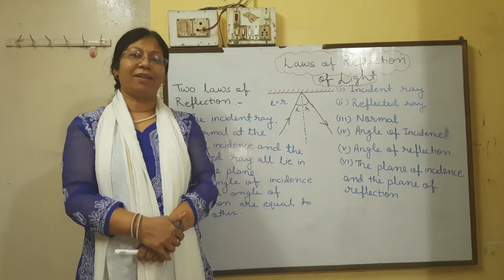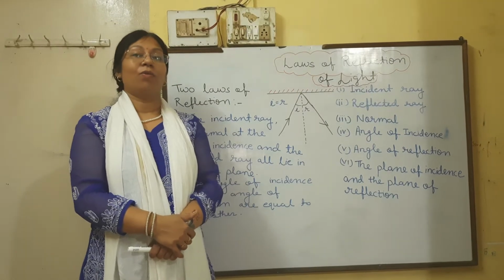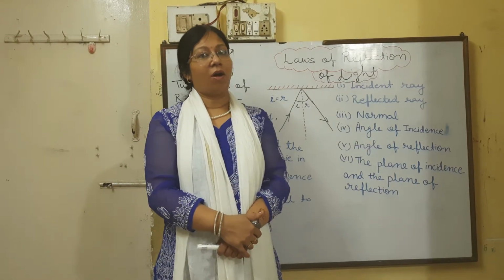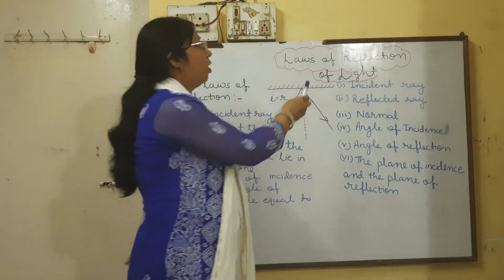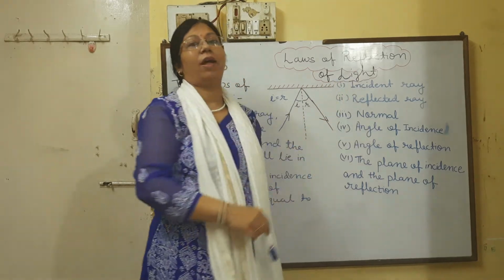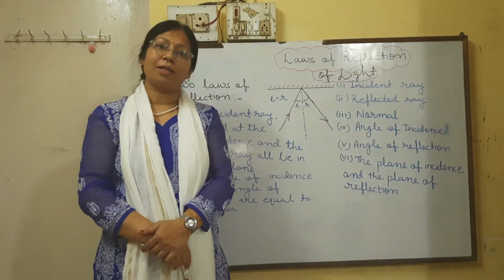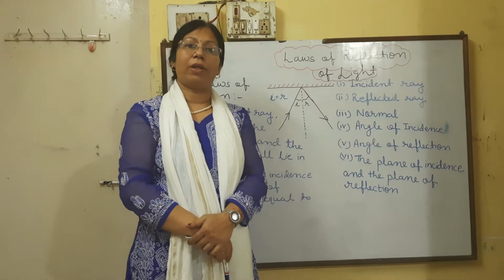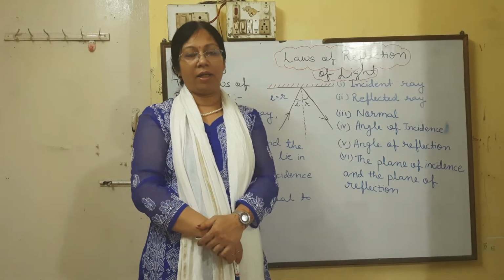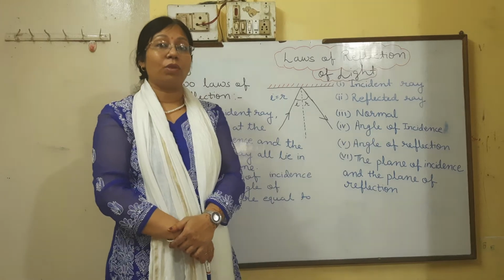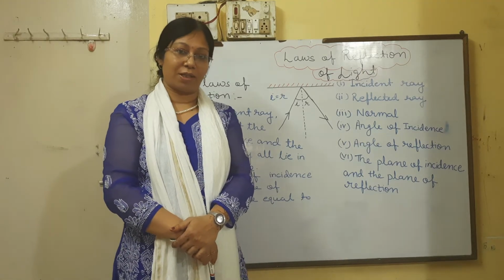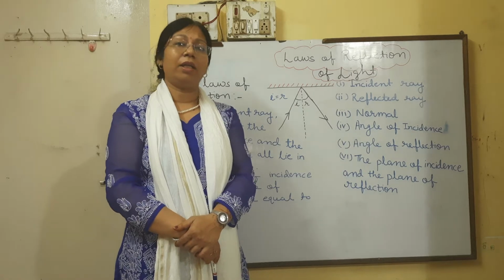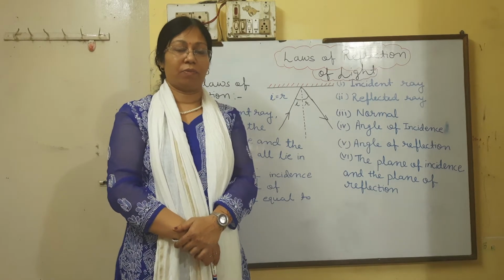Good morning, children. On your request, once again I am back with my new video on the topic laws of reflection of light for class 7. In the previous class we already studied that there are two types of reflection: regular reflection and diffuse reflection.